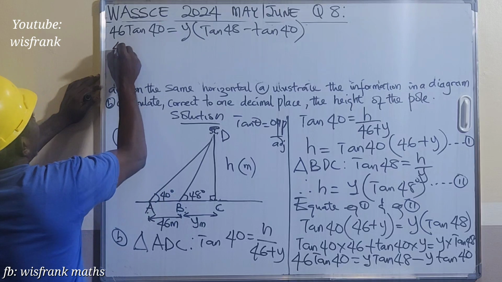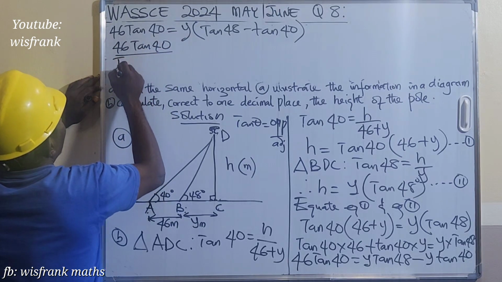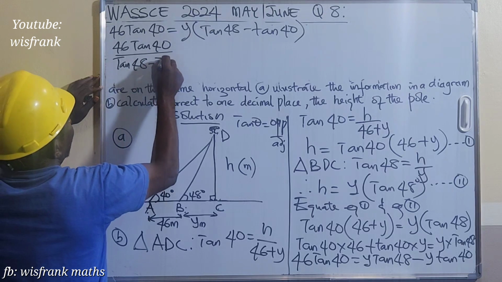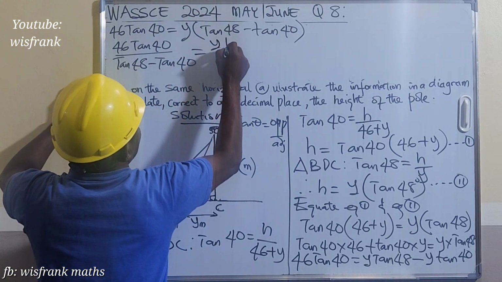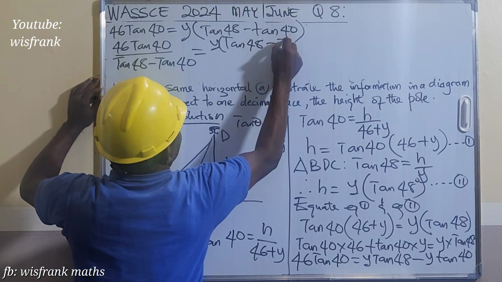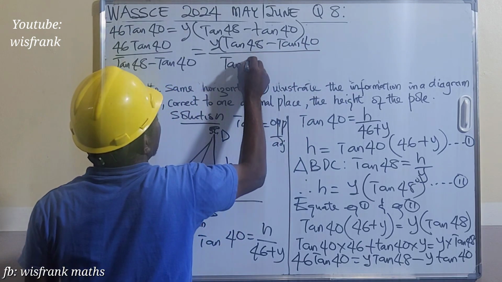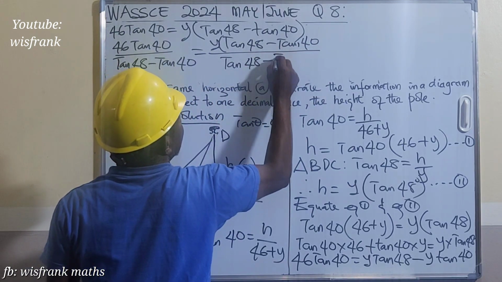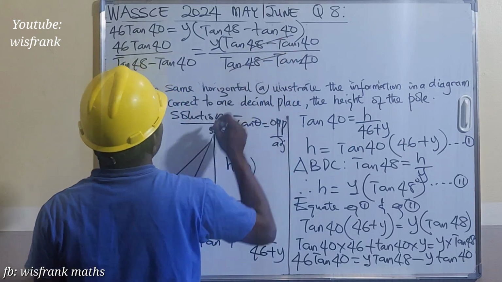So this will become 46 tan 40 all over (tan 48 minus tan 40) equals y into (tan 48 minus tan 40) all over (tan 48 minus tan 40). So this will cancel here and this will cancel here.